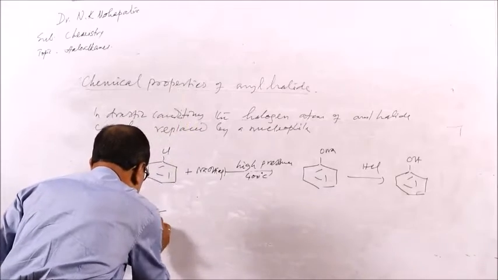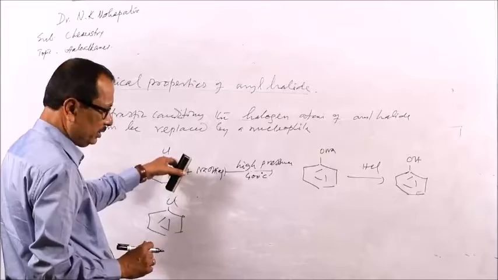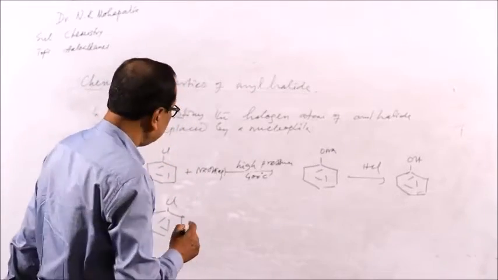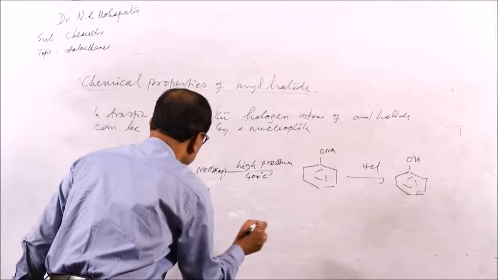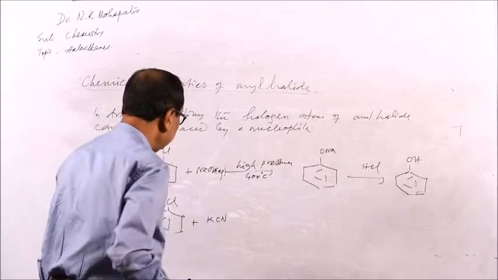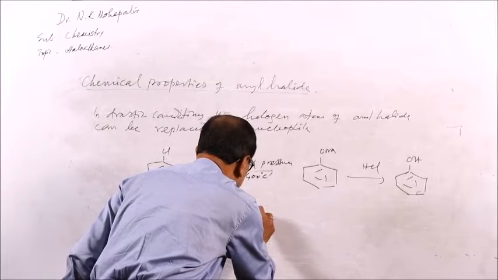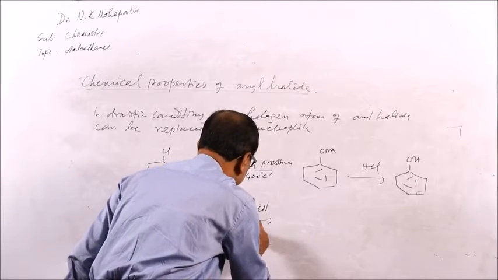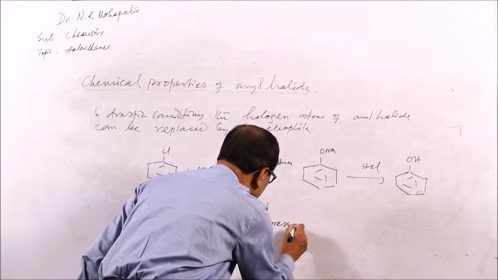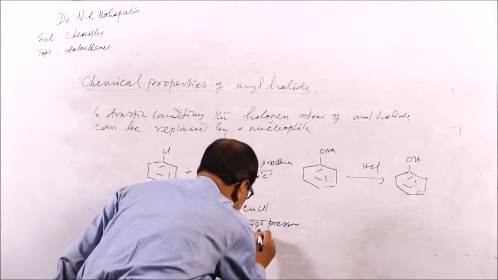Similarly, ordinarily the halogen is not replaceable, but under drastic condition you can replace it with other nucleophiles, like potassium cyanide. Here potassium cyanide is treated in presence of cuprous cyanide at high temperature and high pressure, about 200 degree Celsius.